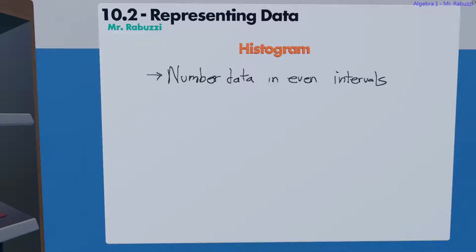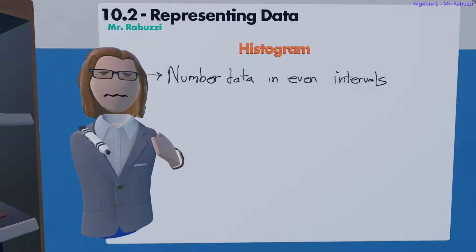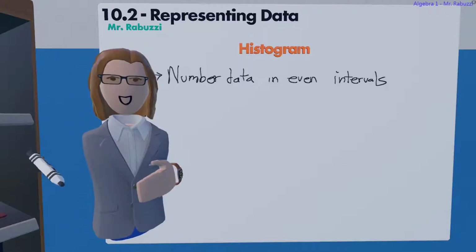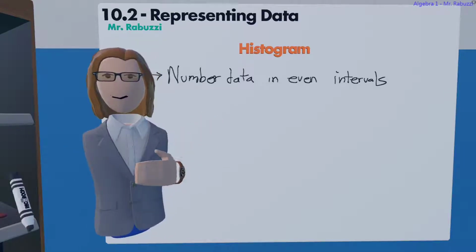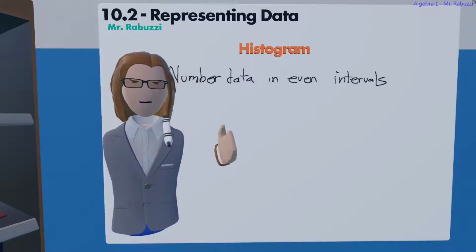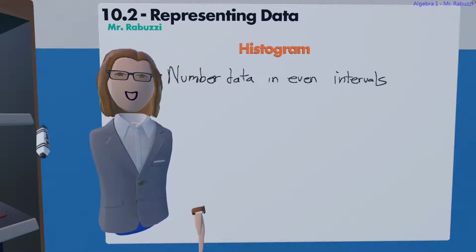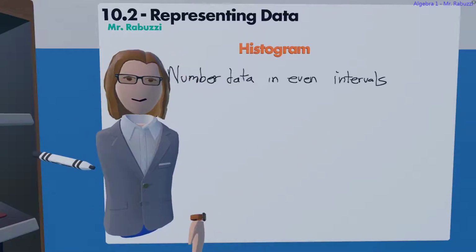So you'd have a lot of different numbers, but you could say, I'm going to count all the numbers that are from 0 to 1, or 0 to 10, then 11 to 20, etc., etc., etc. So you would make chunks and see which chunk had the most data in it, right?